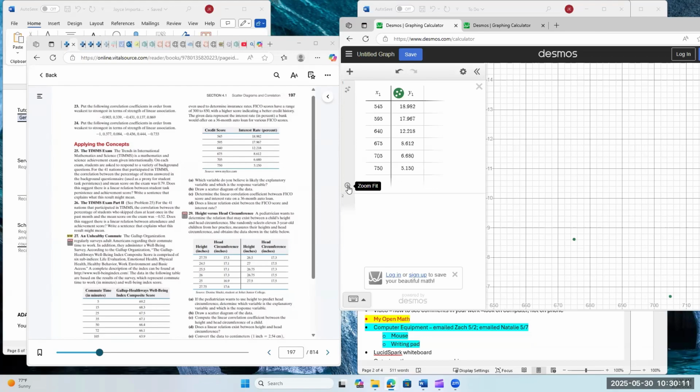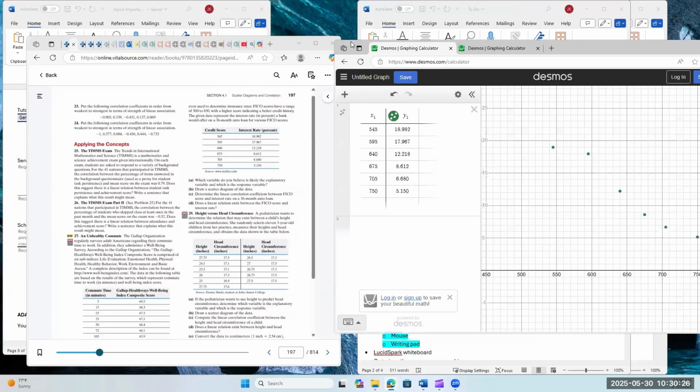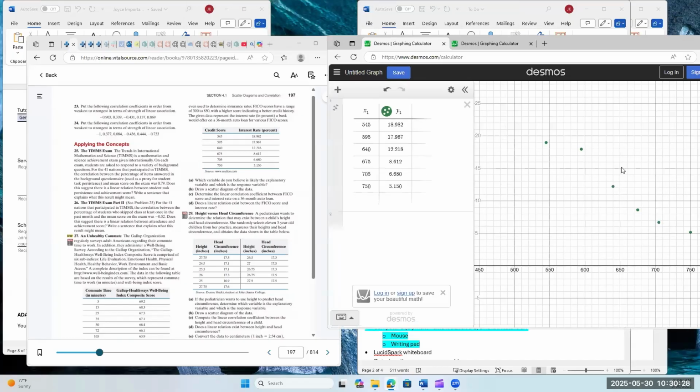So all you got to do is click on this little plus button. And now I have a nice window of my data here. Okay, let's move that. Whoops, moved it too far. Okay, how about there? Okay, so now we can see that data.